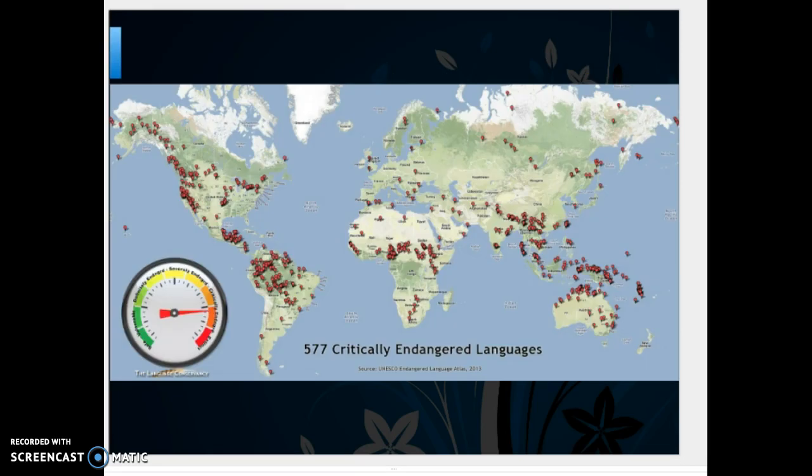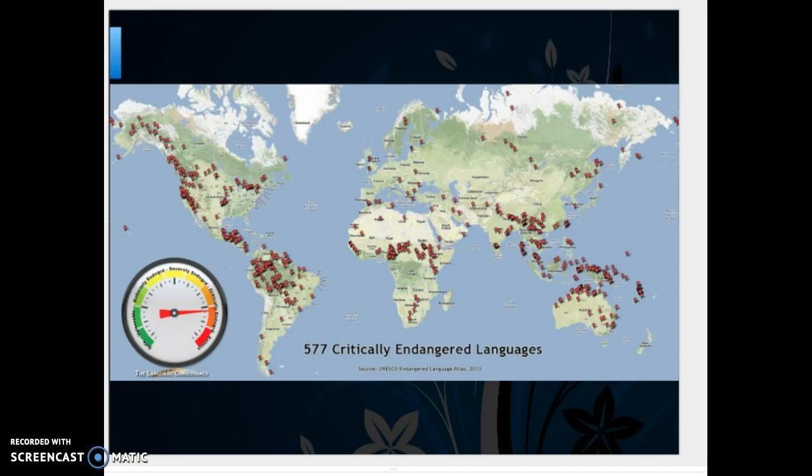Here's another map. This one is taking a look at 577 critically endangered languages. In the face of globalization, and English diffusing around the world, the question is, if we lose these languages, we're truly losing a huge element of culture.